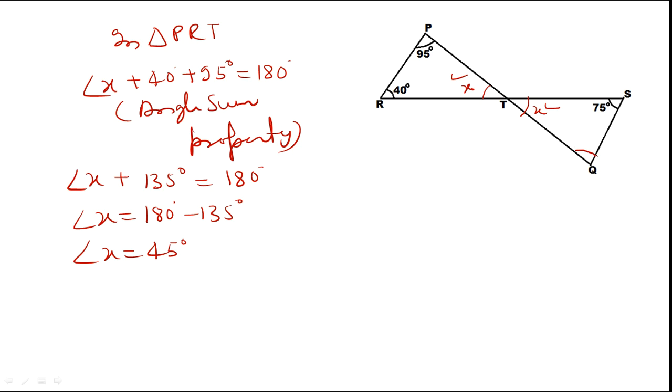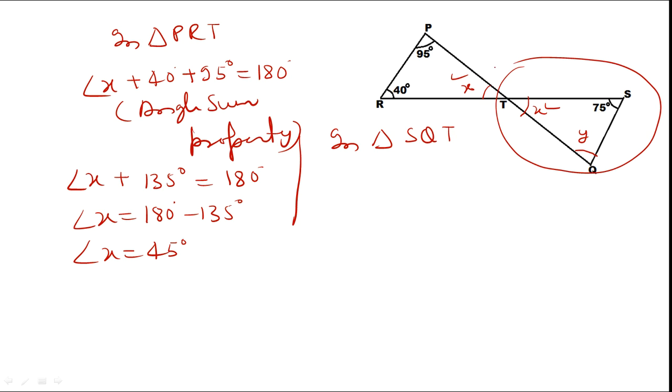Now let me take this as angle Y, and this angle Y is to be calculated. Now we are taking the triangle SQT. In this triangle, X plus Y plus 75 is equal to 180 degrees. The sum of all the angles of a triangle is 180 degrees. The value of X already calculated by us was 45 degrees.